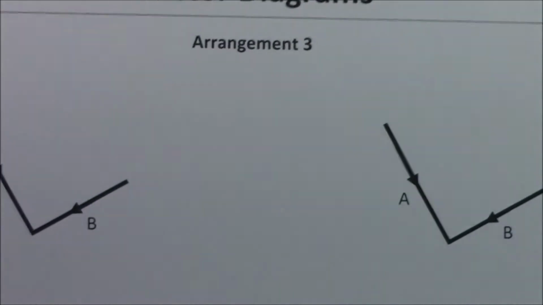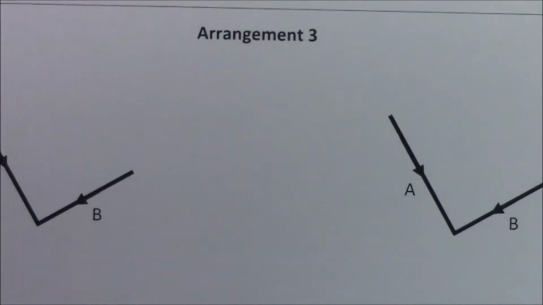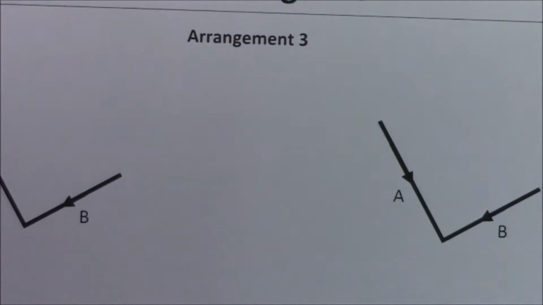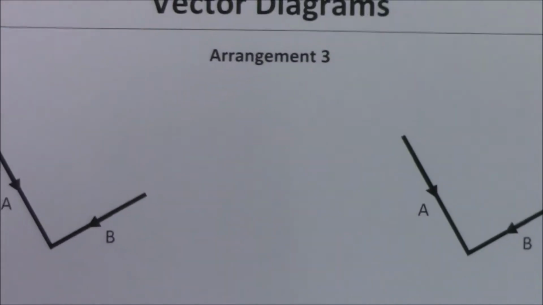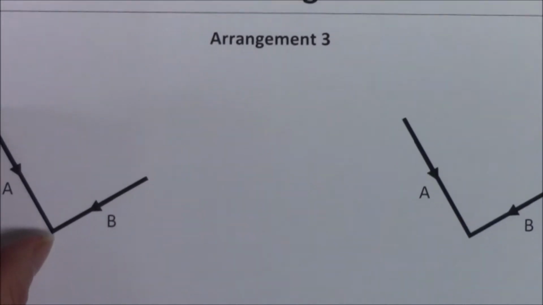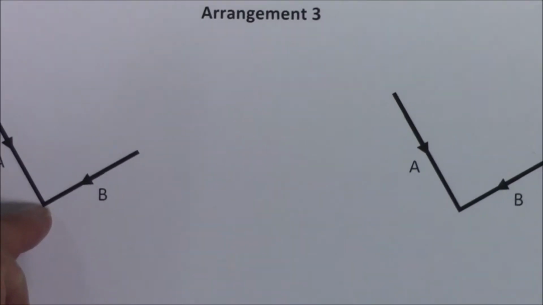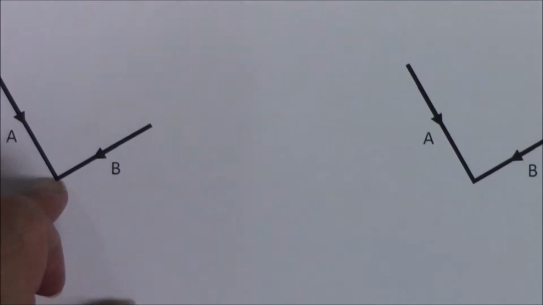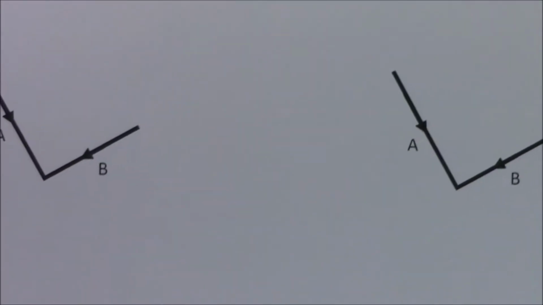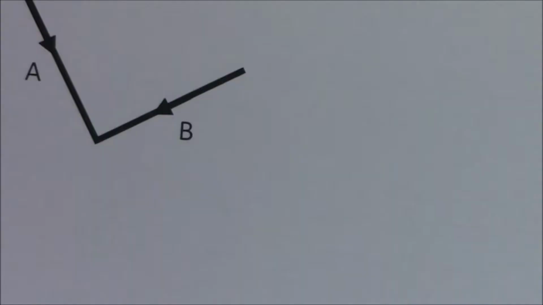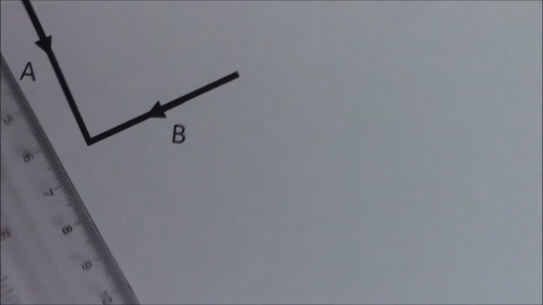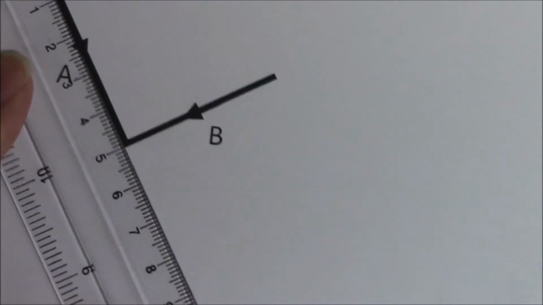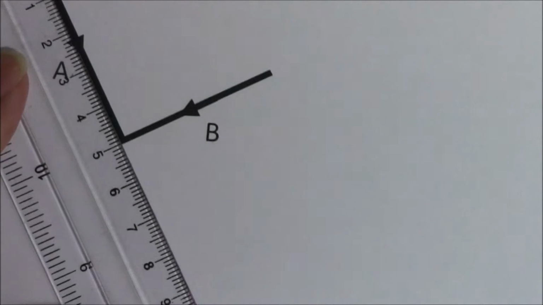There are two possible ways of shifting the vectors in this third arrangement. Vector A can be shifted down such that the ending of B is the starting of A. First you measure the length of vector A. It happens to be 5 cm.